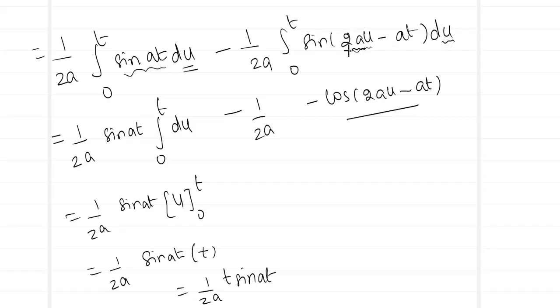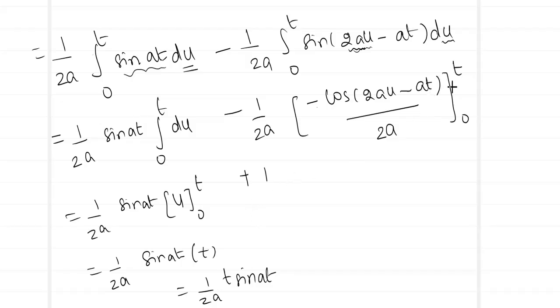What is going to be the constant appearing here along with u? So it is going to be divided by 2a. This has to be applied between the limits 0 to t. So I have this to be equal to minus into minus. So this makes it to be equal to plus over here.